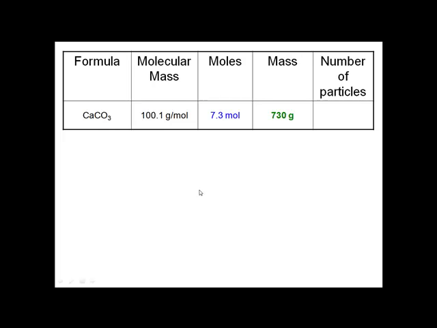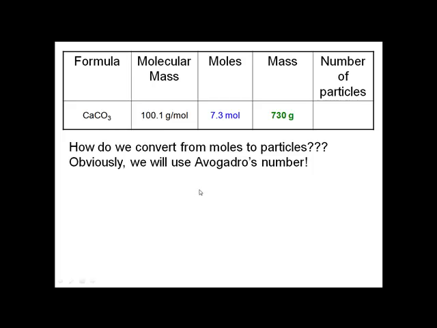Next, how do we get number of particles? We're going to use Avogadro's number and the 7.3 moles that we started with. So we do 7.3 moles. Now moles needs to go on the bottom here to cancel those out. So then particles would be on top.